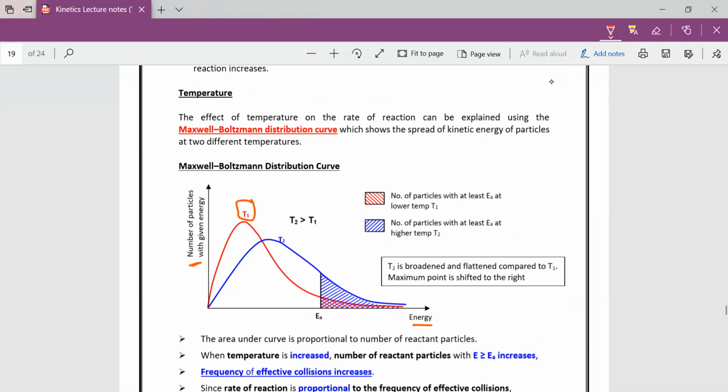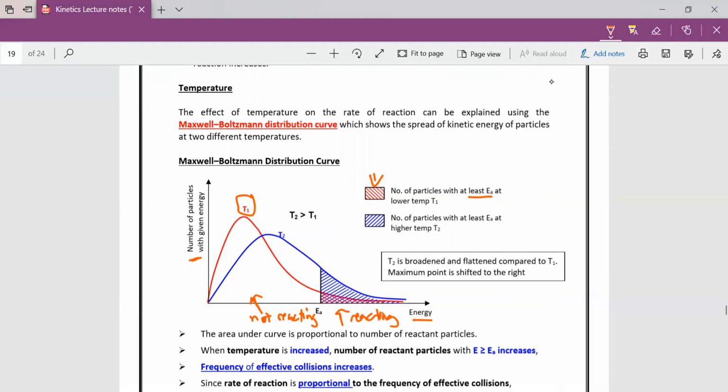The shaded area, the orange or red shaded area, is the area with particles with at least activation energy. All right, so these are the ones that are reacting. The area which is not shaded, they are not reacting, because they do not have enough energy.